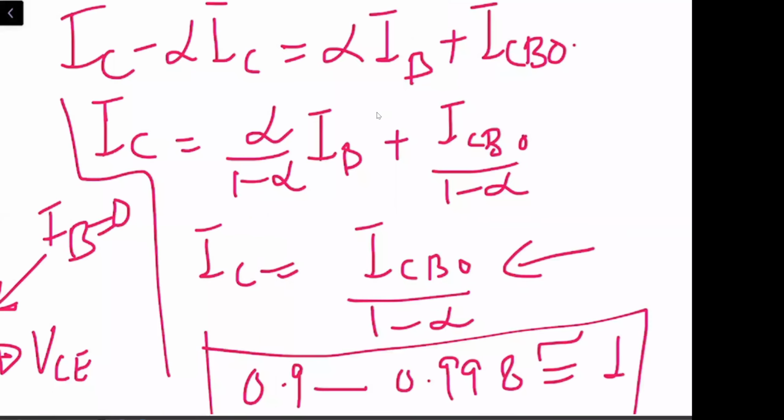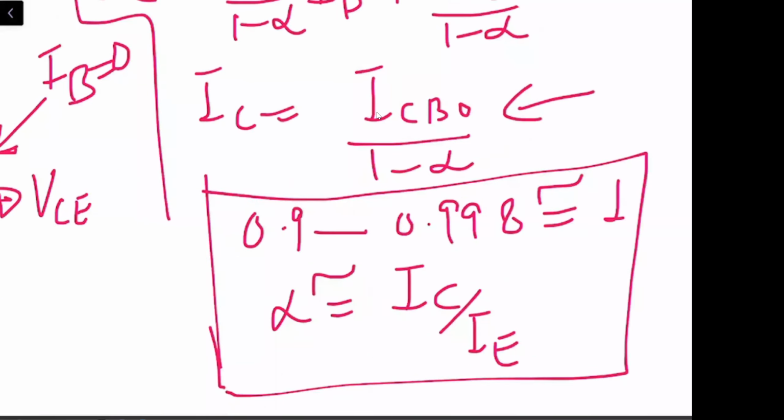Normally the value of alpha is between 0.9 and 0.998, and the maximum we can take as approximately equal to 1. Why? Because alpha is approximately equal to IC by IE, and when IC is approximately equal to IE, alpha is approximately equal to 1.